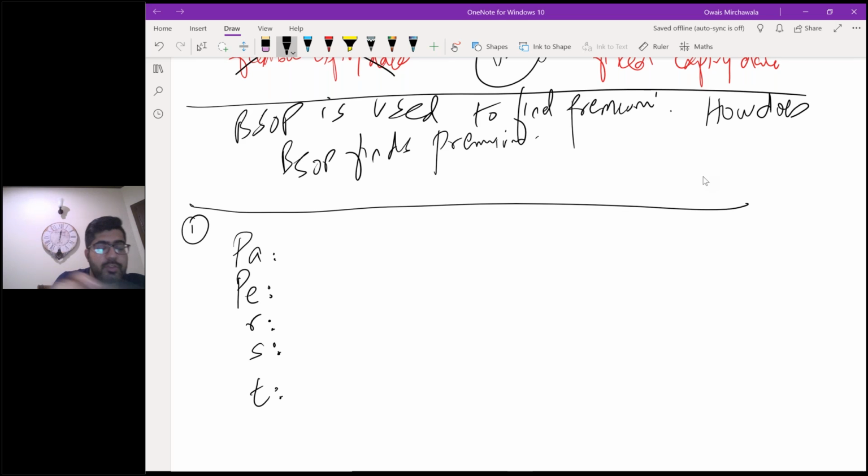BSOP is using formulas to find the value of a call option and formulas to find the value of a put option. The formula given in the exam has 5 variables: PA, PE, R, S, T.